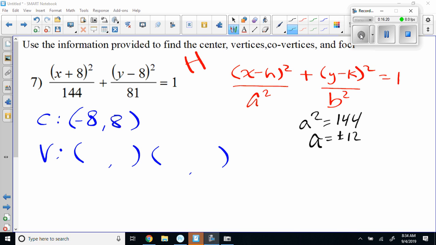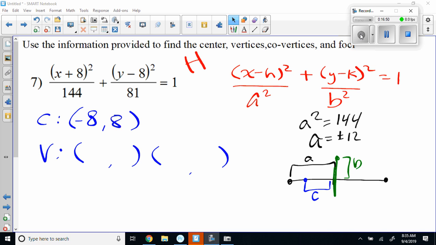12, right? Now, we said this was horizontal, correct? So in your mind, what you have to understand is that's your C. That's your B, right?